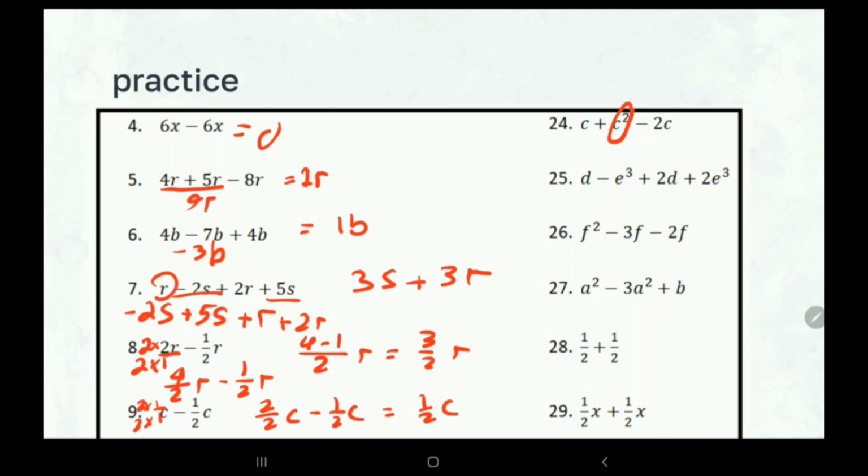So we cannot add c squared with the other c, because remember that in order to combine like terms, they must have the same variable and the same indices. So we cannot combine c squared. So c minus 2c will be negative c, and then plus c squared. So this is the simplest you can get.